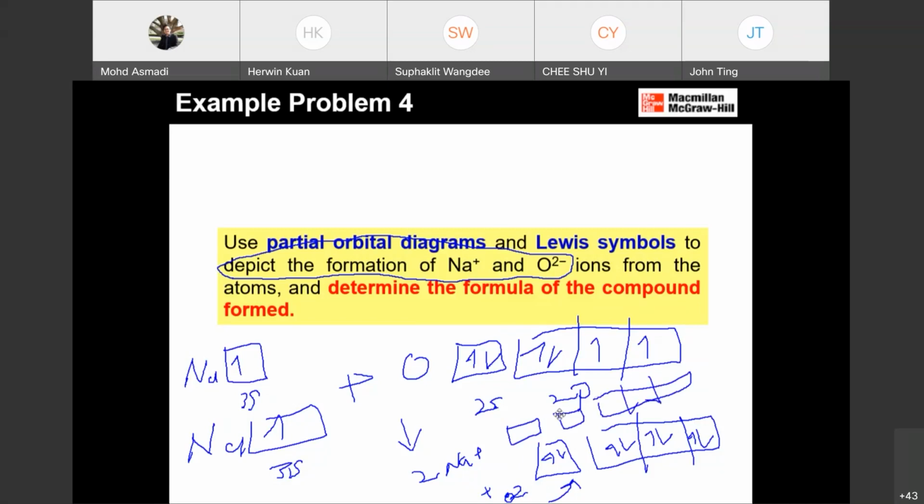Okay, just fill. You fill. Okay, fill this one. Difficult to draw. 1s. This one is starting from 2s now. 1s is already there. This one is 2p. 1s, 2s, 2p. This one.